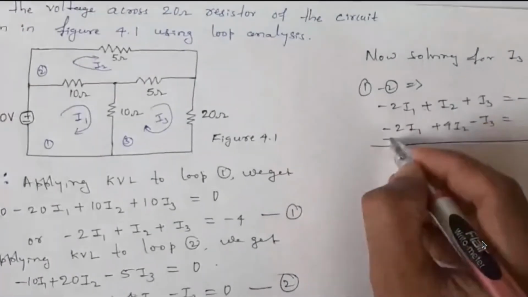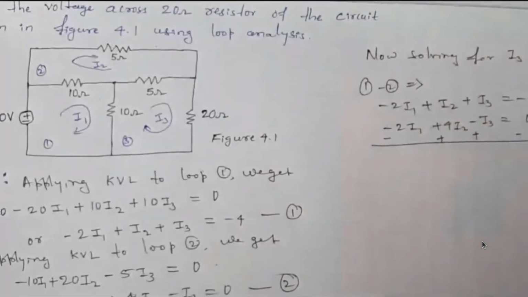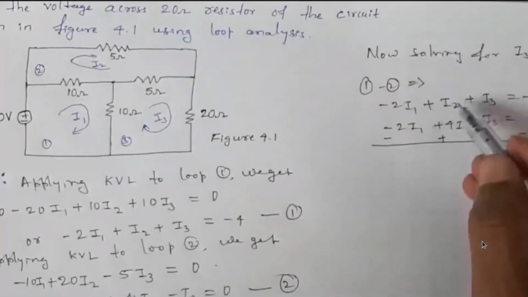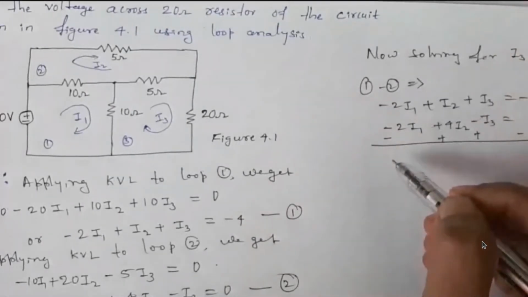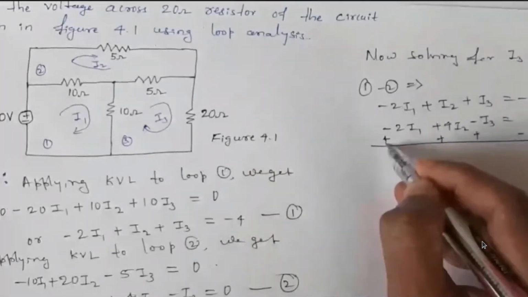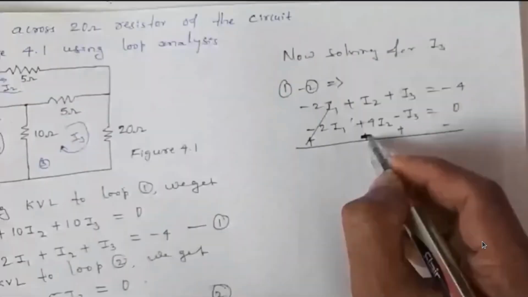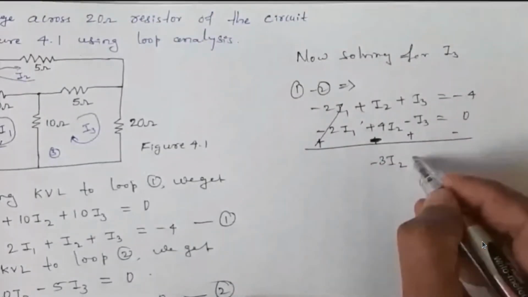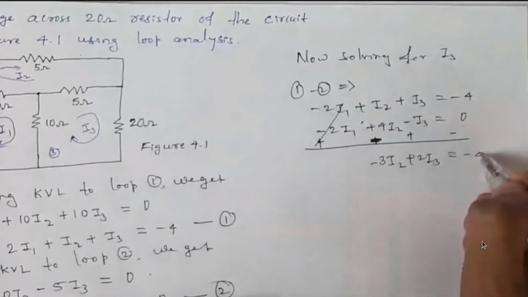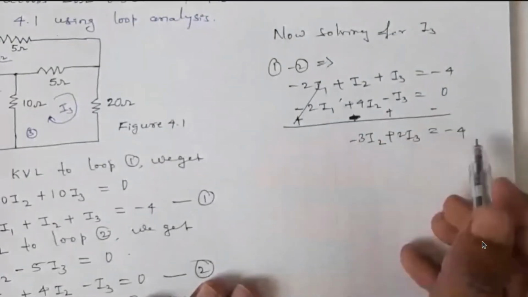Doing the subtraction, I1 gets cancelled, and here we get minus 3 I2 plus 2 I3 is equal to minus 4. Let me call this equation number 4.